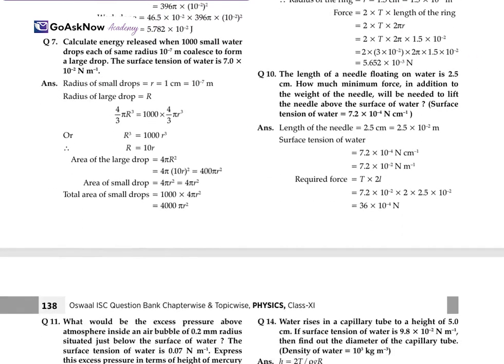Then the area of the large drop is 4 pi R square. Area of a small drop is 4 pi r square. Then we substitute the value of r over here. So the total area we get 400 pi R square, and the change in area is delta A, which is A2 minus A1. Here we get 396 into 10 raised to the power minus 2 and whole square. When we put the value, work done W is equal to 46.5, and then we get the value of work done 5.782 into 10 raised to the power minus 2.